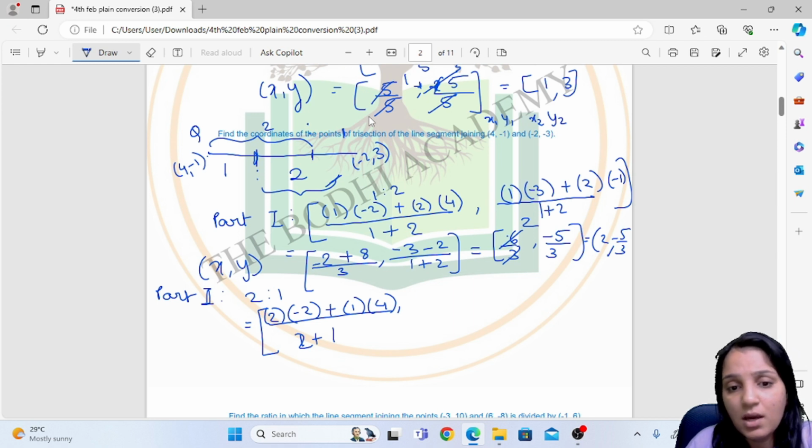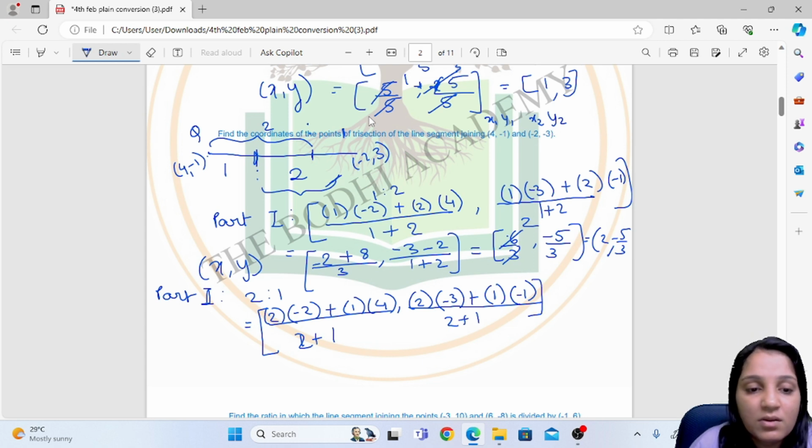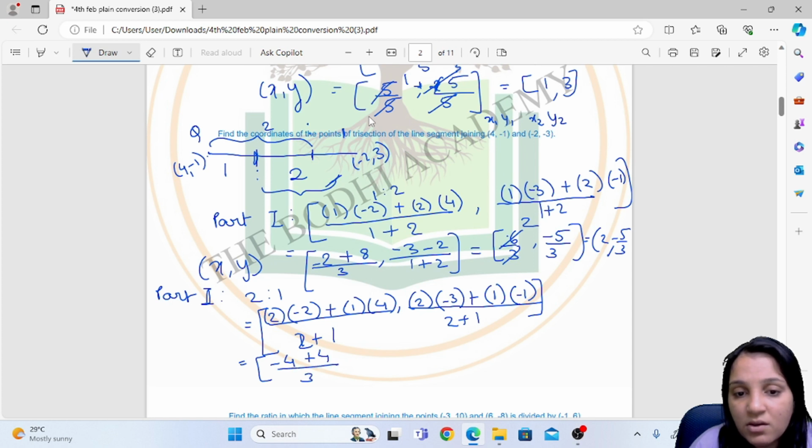Now m1 y2, m1 is 2, y2 is 3, plus m2 is 1, y1 is -1, upon 2 plus 1. Then -4 plus 4 upon 3, comma 6 minus 1 upon 3.